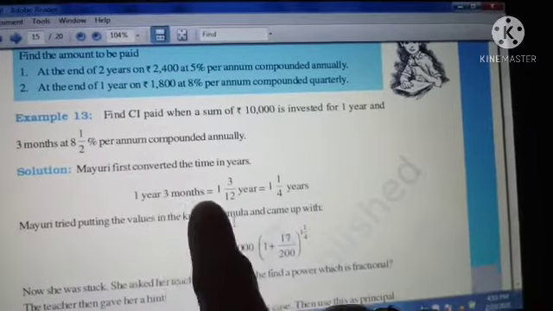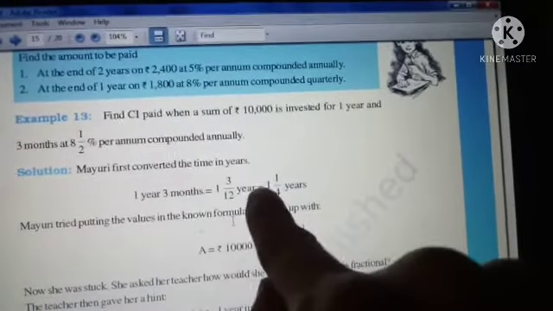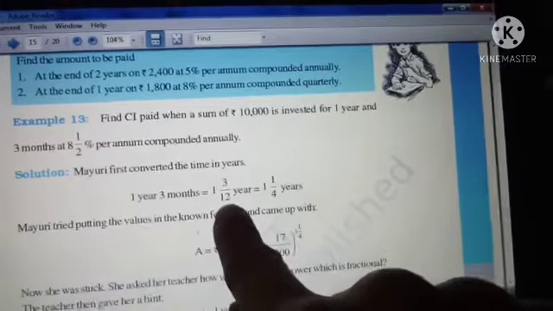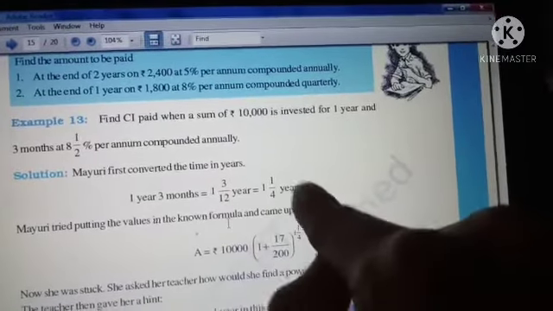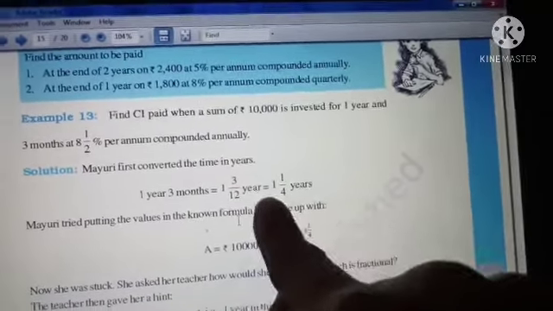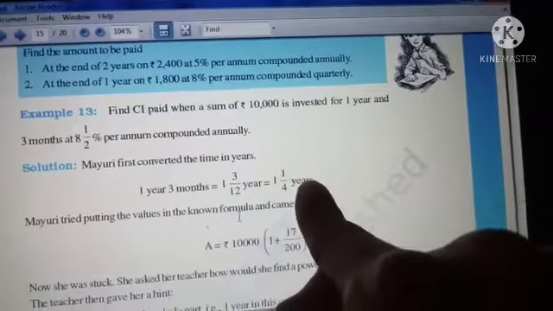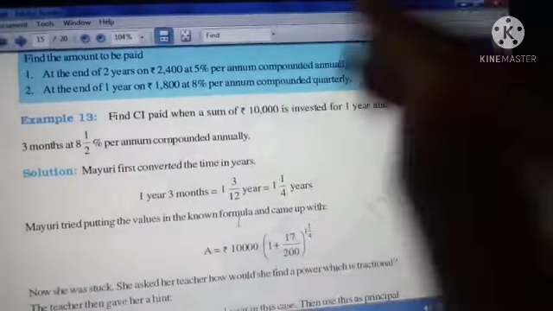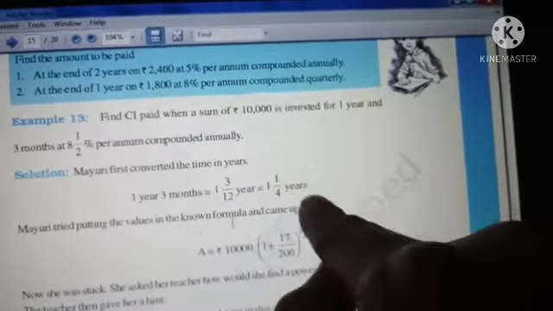So they have mentioned these 3 months as 3/12 year. So 1 3/12 years, which is nothing but 1 1/4 years, which means 1 year and a quarter. Not 1.5 years, it is less than 1.5, so 1 and a quarter years.